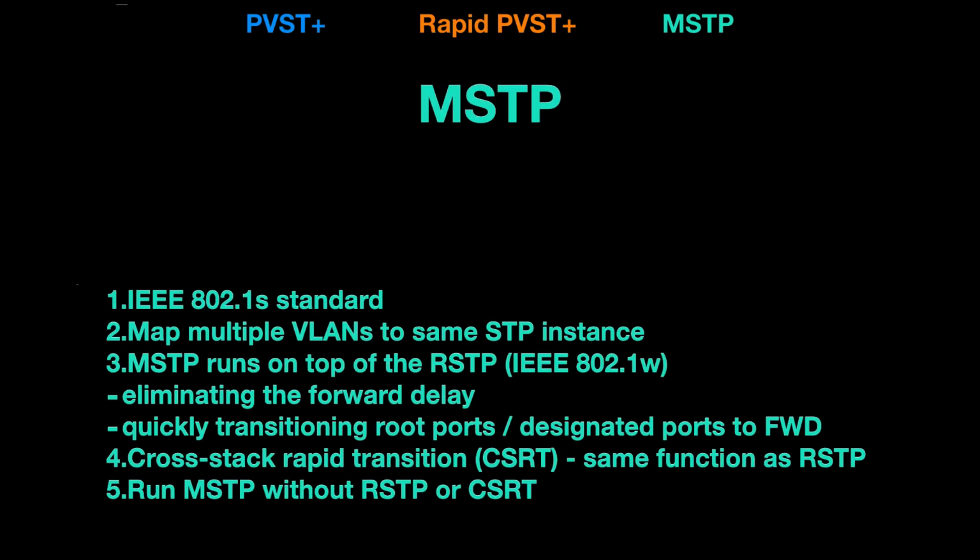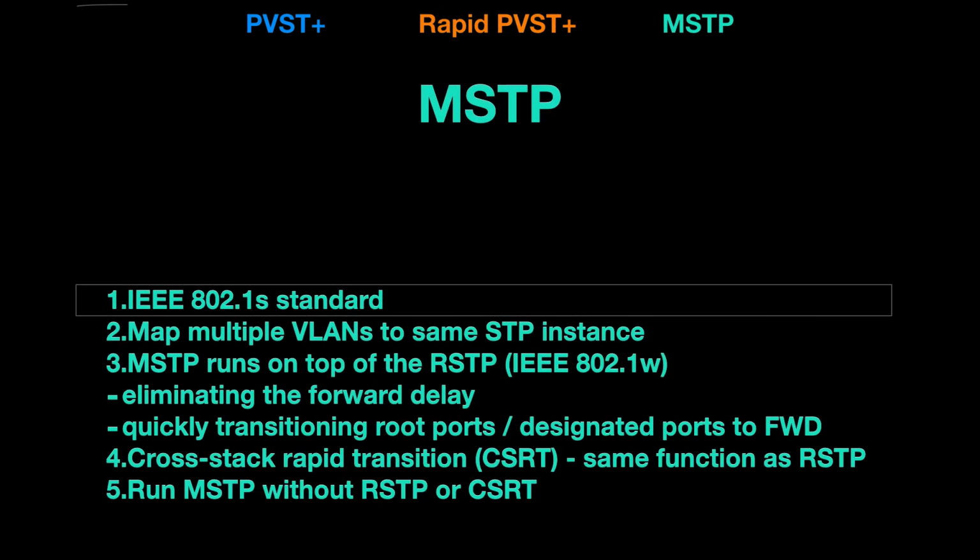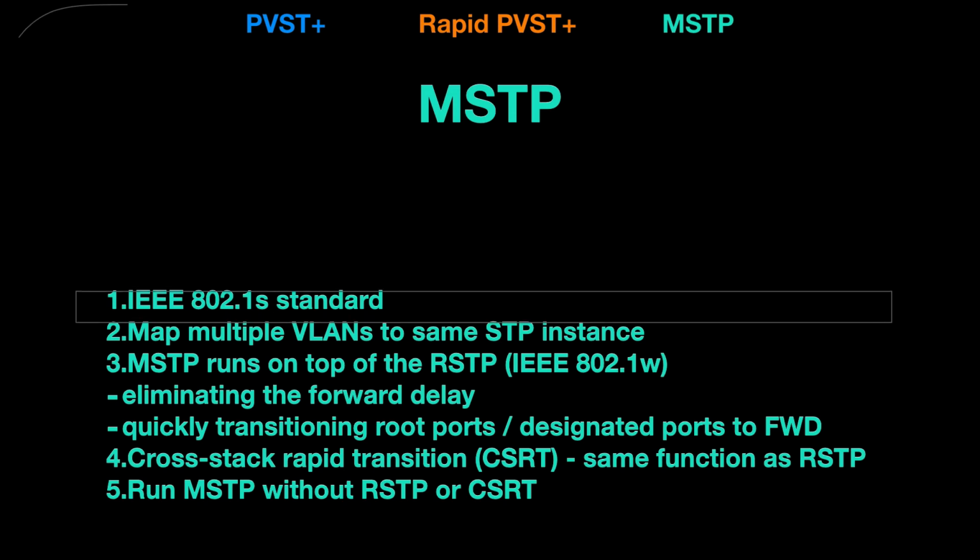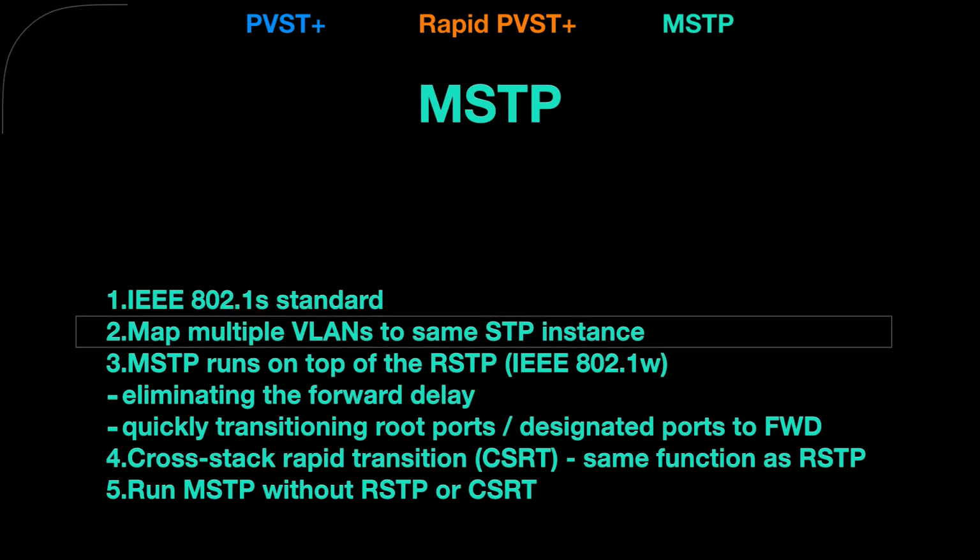MSTP. This spanning tree mode is based on the IEEE 802.1s standard. You can map multiple VLANs to the same spanning tree instance, which reduces the number of spanning tree instances required to support a large number of VLANs.